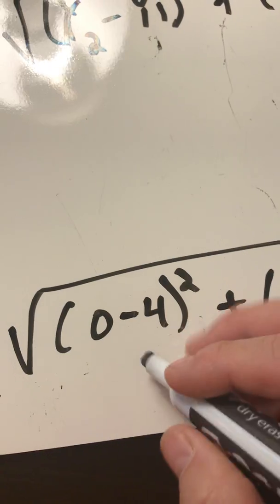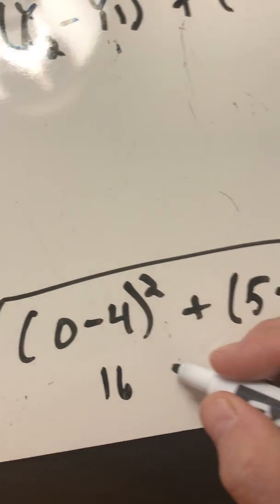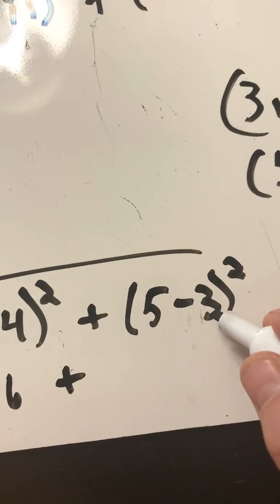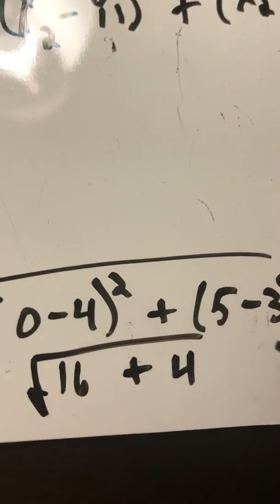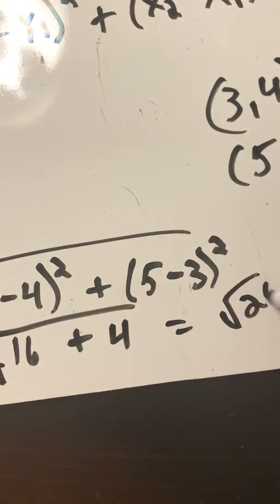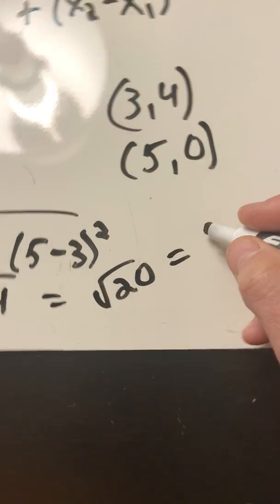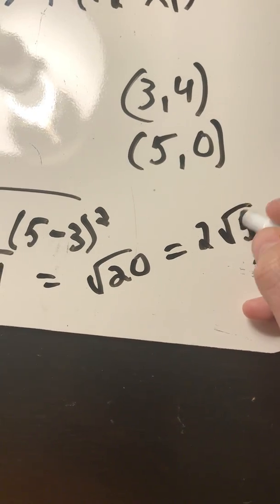So you get negative 4 squared, which is 16, plus 5 minus 3 is 2. 2 squared is 4. So it's the square root of 16 plus 4, square root of 20, which can be simplified to 2 radical 5.